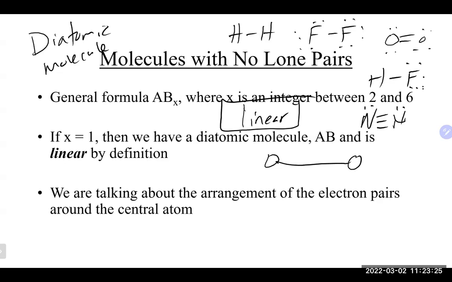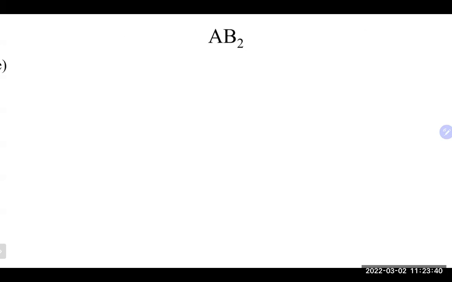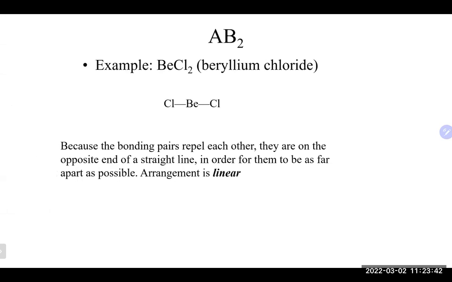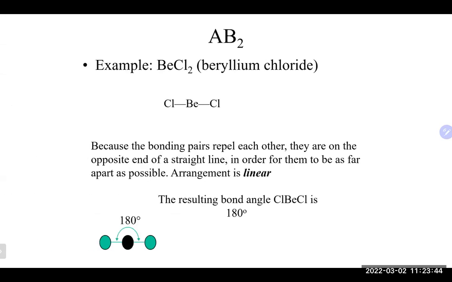Now, if everything was that simple, that would be wonderful, but it is not. When we get to molecules that have three or more atoms involved, you do have to look at a couple of different things to help you decide what's going to happen. So let's talk about our first example. If we have something like beryllium chloride, we want to look at the center atom, and it's always the center atom when you're doing geometry.